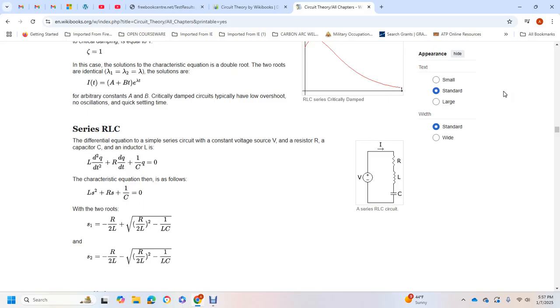The inductance L times s squared plus the resistance R times s plus 1 over the capacitance C is equal to 0.